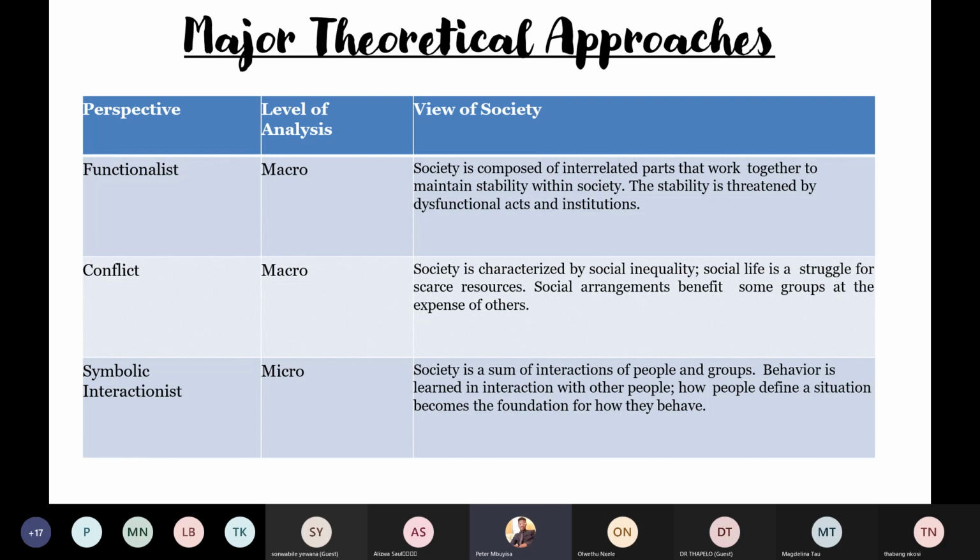So that's just an intro to it. We'll explore it in 2 weeks' time when we do the theoretical perspective. So in the macro sense, in the structural functionalist perspective, that's exactly what we look at.